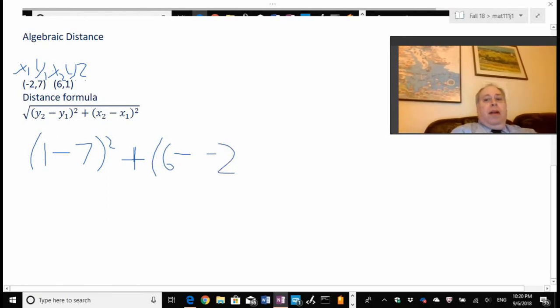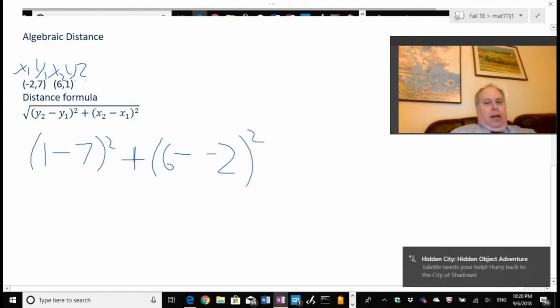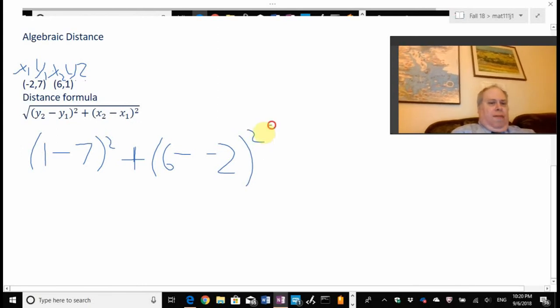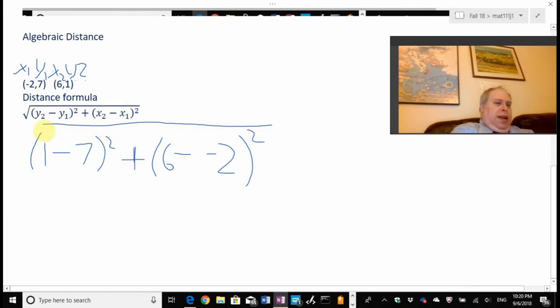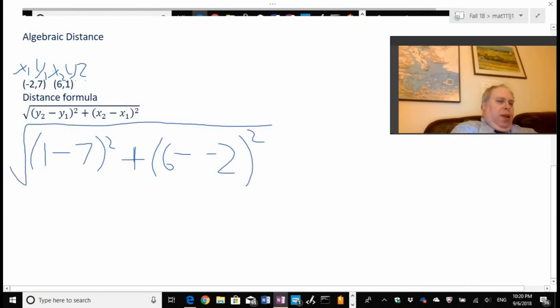Very common error, forgetting the negative sign there. So it's very important not to lose things like the negative sign. And we want a square root. So you see I filled in y2 minus y1 squared and x2 minus x1 squared.